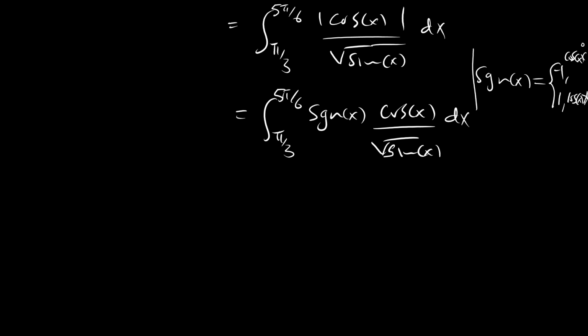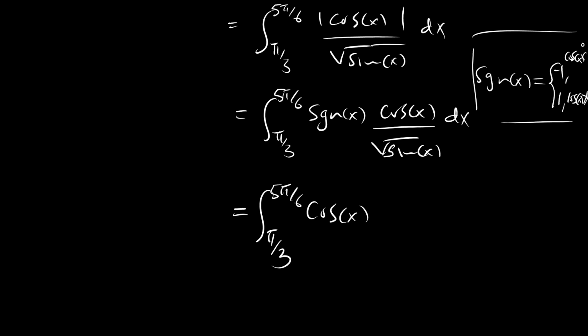So with that in mind, we know that x equals pi over 2 is where cosine of x crosses into the negative domain. So we can split this into two separate integrals.